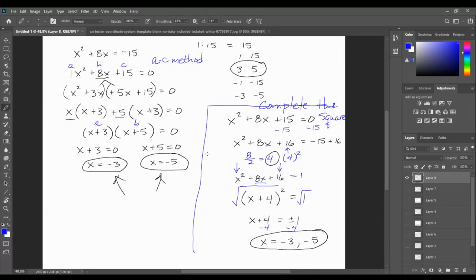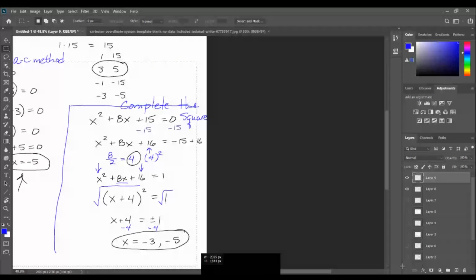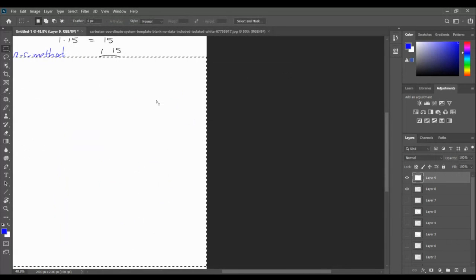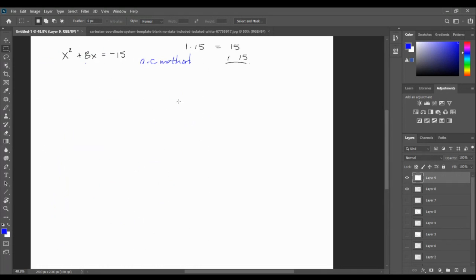Let's solve the same one using the quadratic formula. So I'll bring up another layer here, and I'll fill it with white so that I've got some space to work in. I wanted to keep the formula and that information.